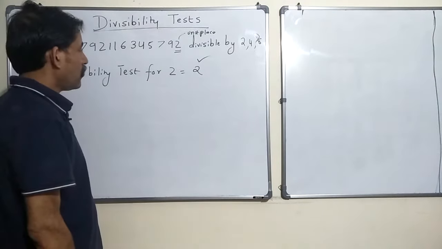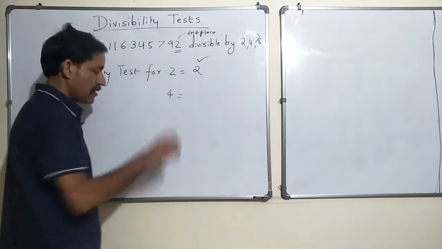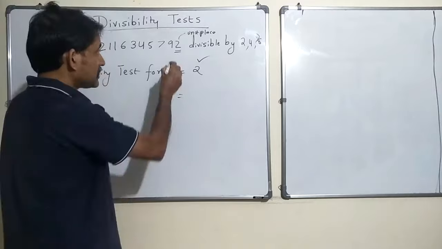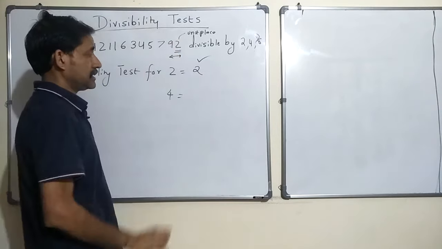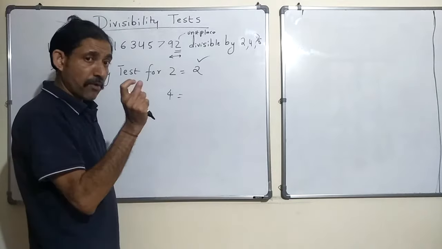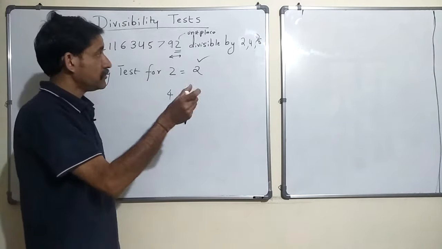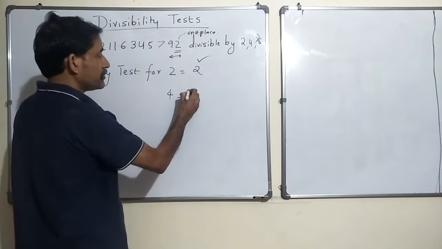Now what would be the divisibility test for 4? A number is divisible by 4 if the last two digits, that is the digit in the units place and the digit in the tens place, form a number that is divisible by 4. In this case it happens to be 92.